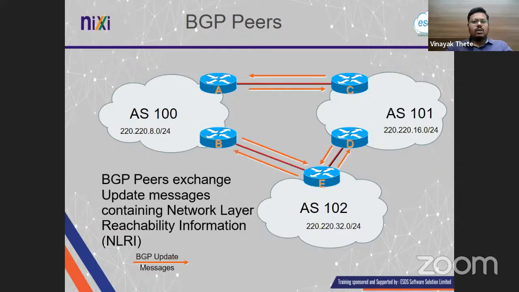So this is how the network layer reachability information is updated in BGP pairing. Both the routers have to exchange their routes based on the parameters which we have discussed earlier, like the different types of attributes, for exchanging the network route information between the external peers.